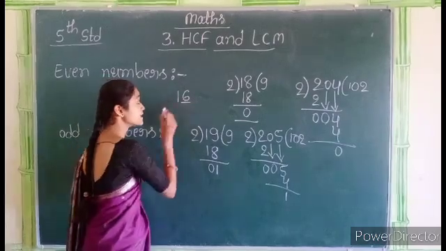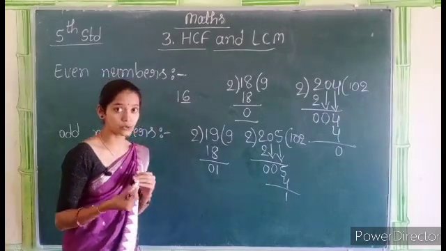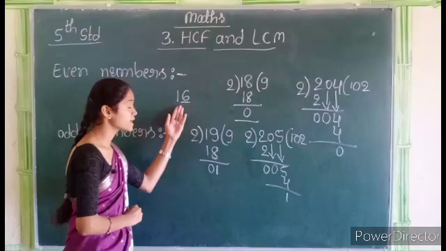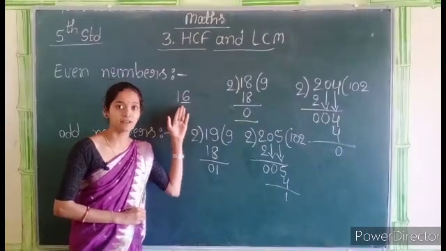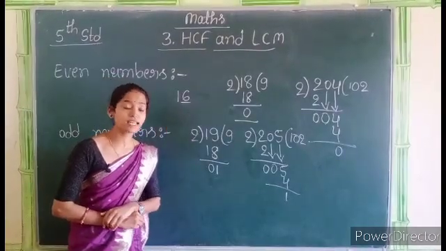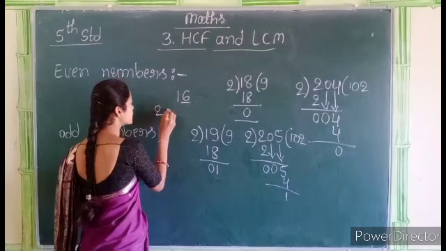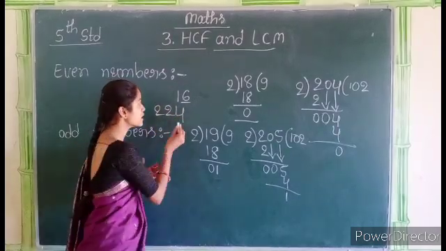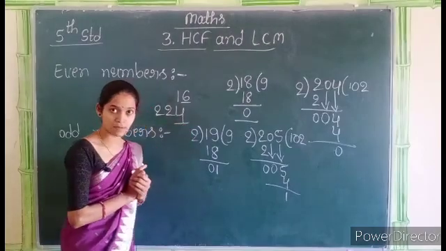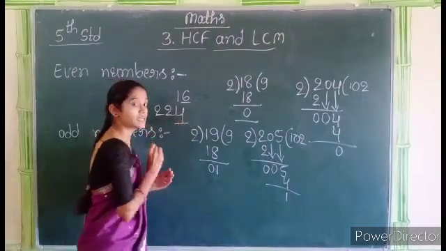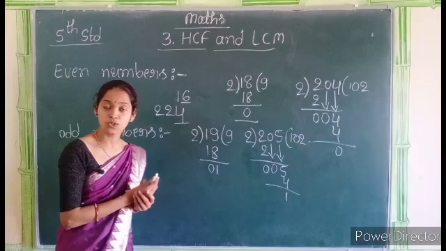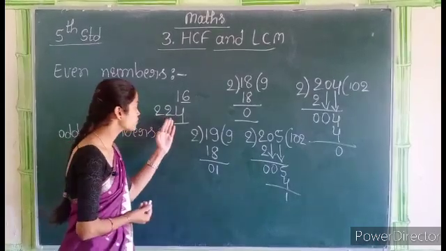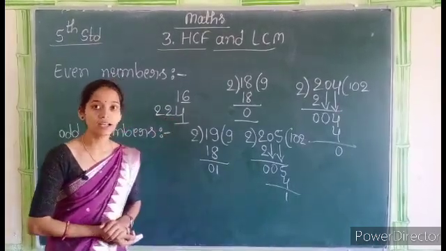This 6 is directly divided by 2, that is 3. So we can say 16 is an even number. Another example, 224. The 4 is in the ones place and this 4 is directly divided by 2. So we can say 224 is an even number.